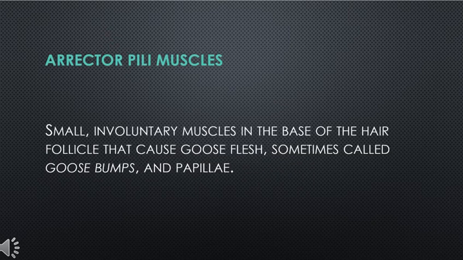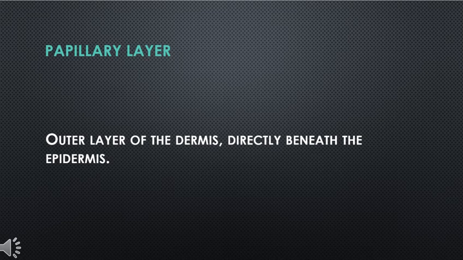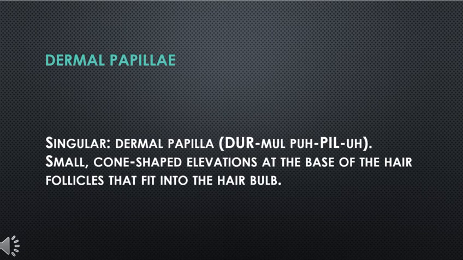Erector pili muscles. Small, involuntary muscles in the base of the hair follicle that cause goose flesh, sometimes called goosebumps, and papillae. Papillary layer. Outer layer of the dermis, directly beneath the epidermis. Dermal papillae.